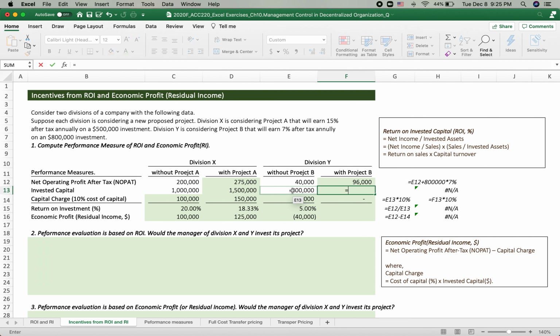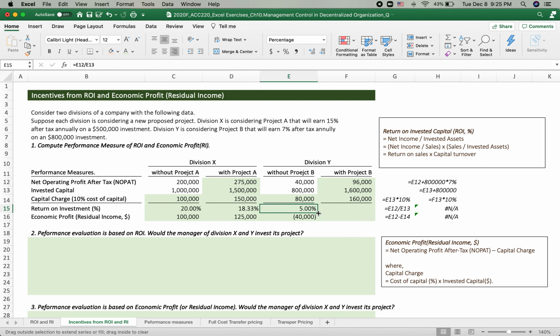Then the existing invested capital amount was $800,000, which should be added to the $800,000 new amount of invested capital. So the total is 1.6 million. So the capital charge is automatically calculated as 10% of this invested capital. So 160. Now return on investment is 6%.